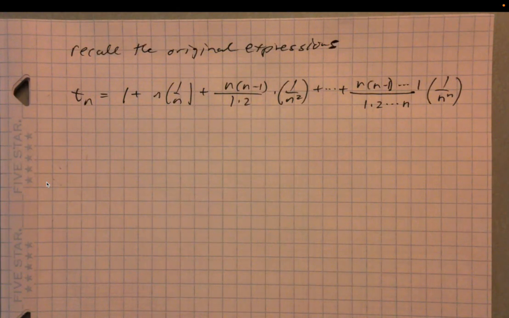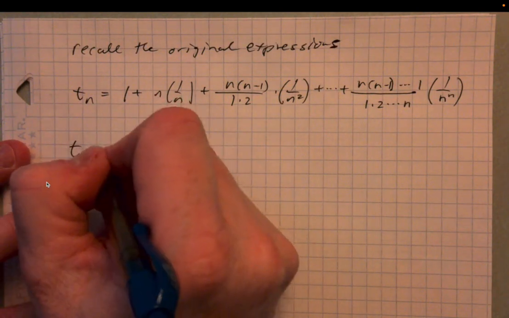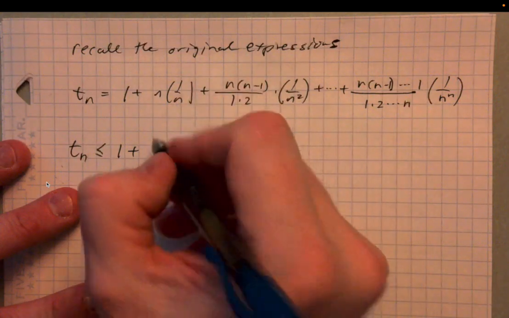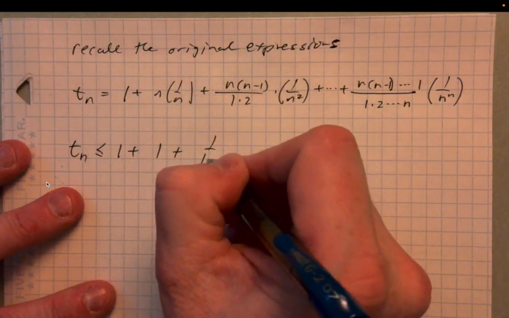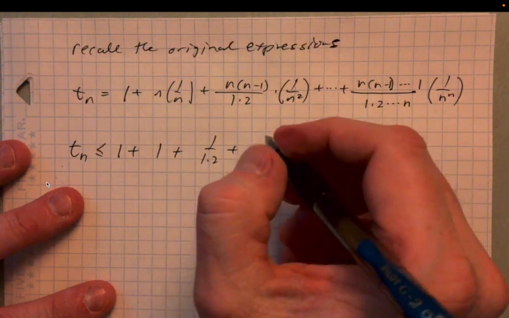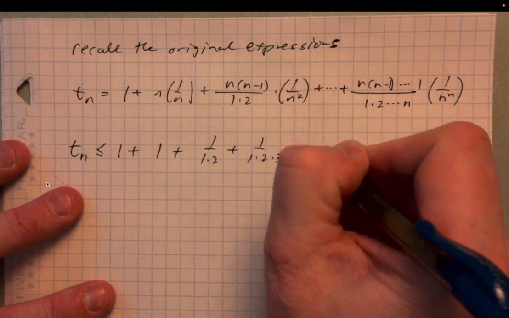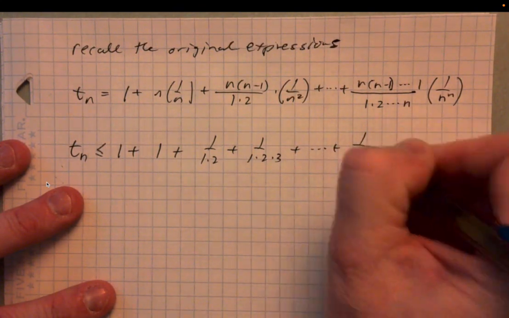Okay, and so what we can do here is we can say t sub n is less than or equal to 1 plus 1 plus 1 over 1 times 2 plus 1 over 1 times 2 times 3 plus dot dot dot plus 1 over 1 times 2 times 3 dot dot dot n.